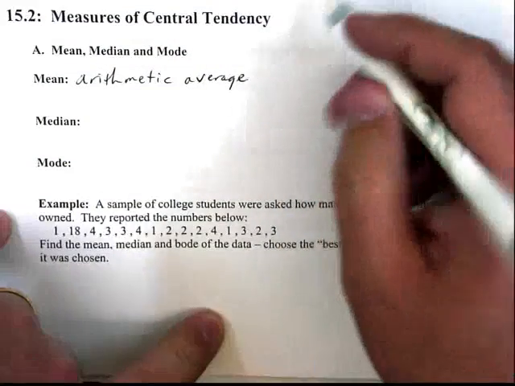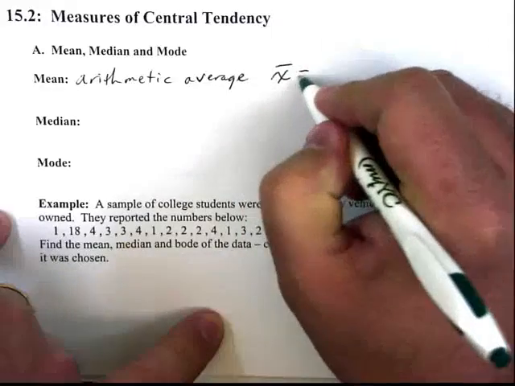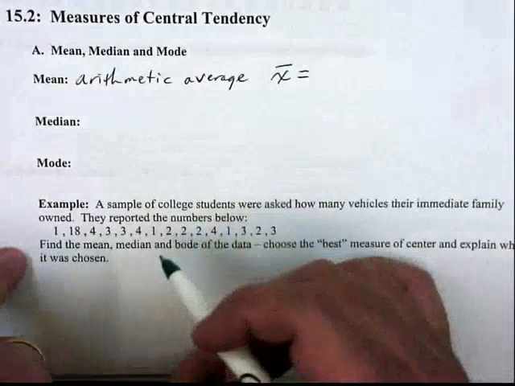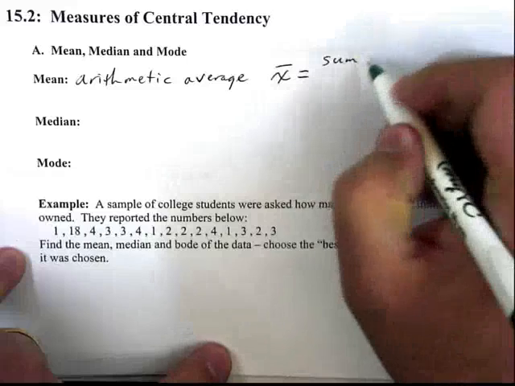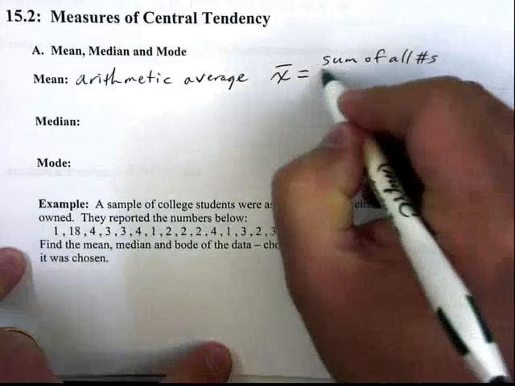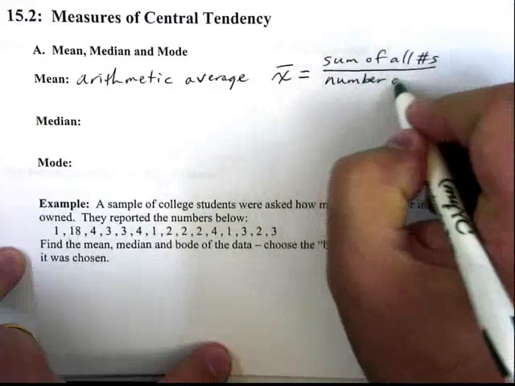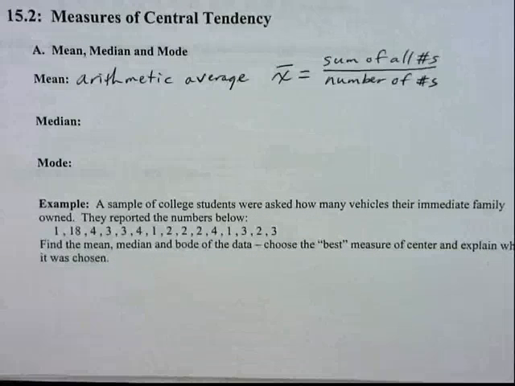And the way we would write that is we would say x bar, and the x bar represents the mean, is equal to the sum of all numbers divided by the number of numbers. Okay? And it's the only one that's got a formula that goes with it.